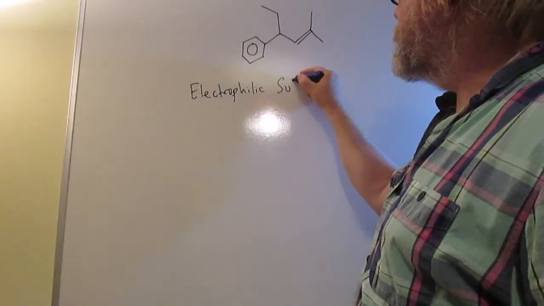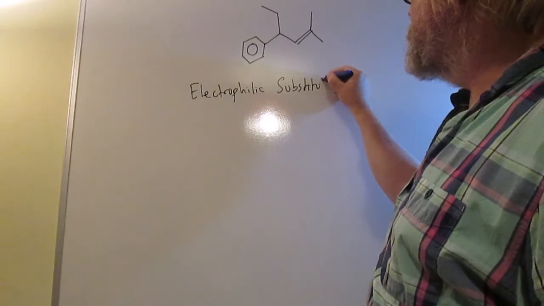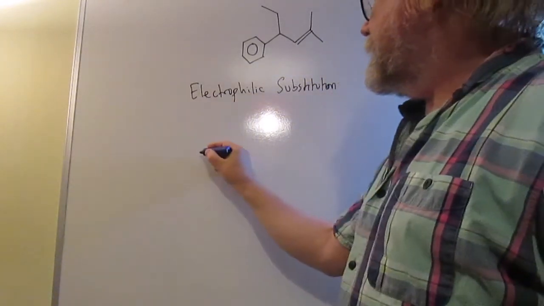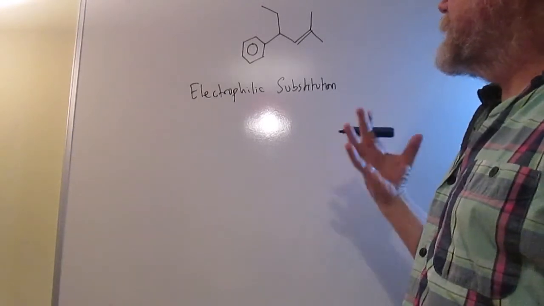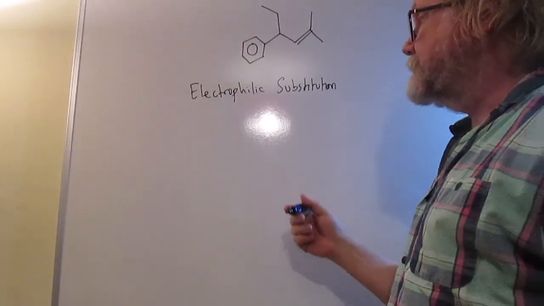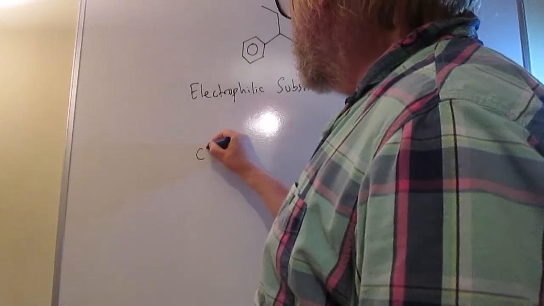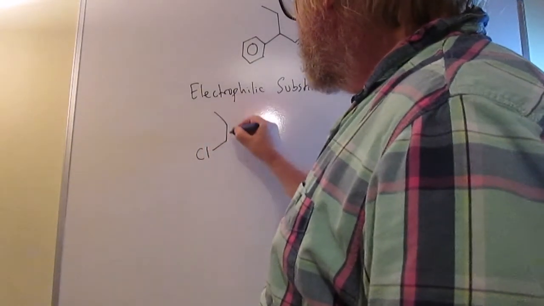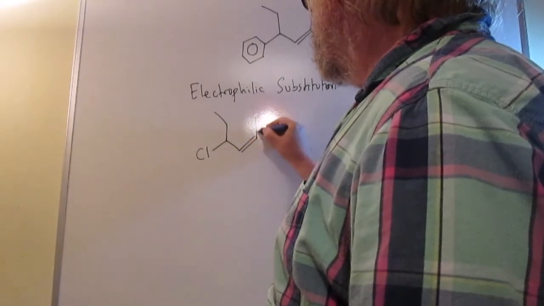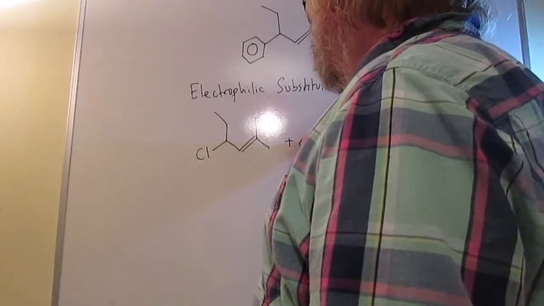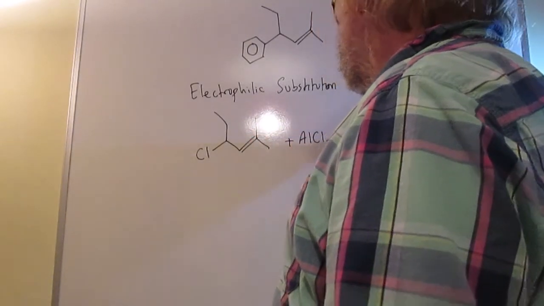So electrophilic substitution is the name of the mechanism. And the first thing you have to do is demonstrate how the powerful electrophile is formed. So starting from the chlorocarbon, which was this compound, that first of all reacts with the catalyst.